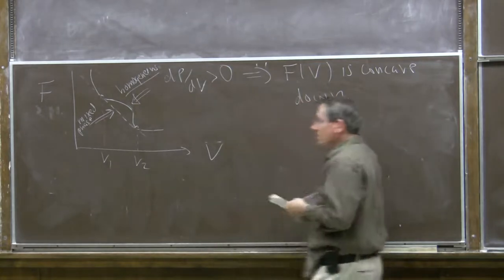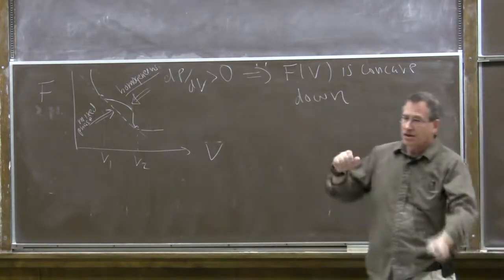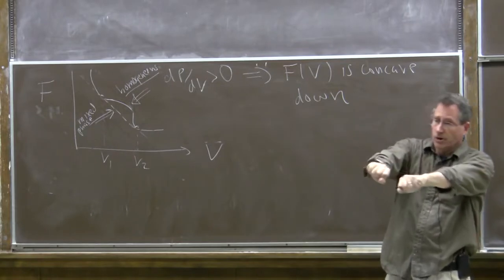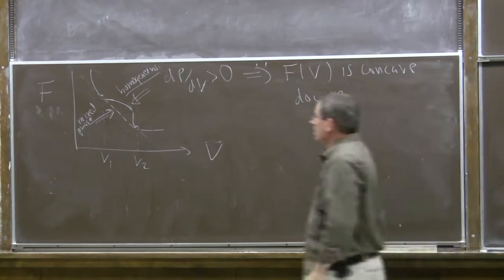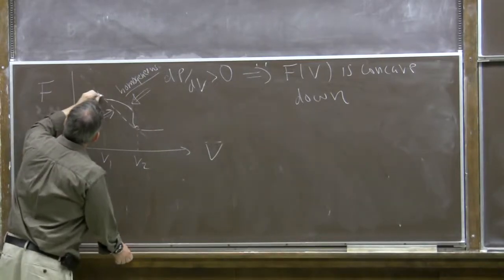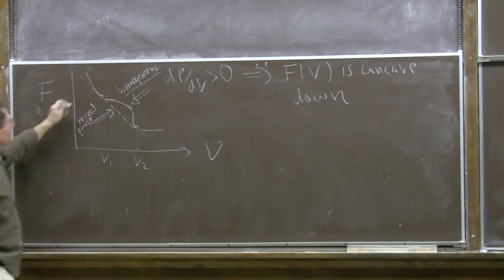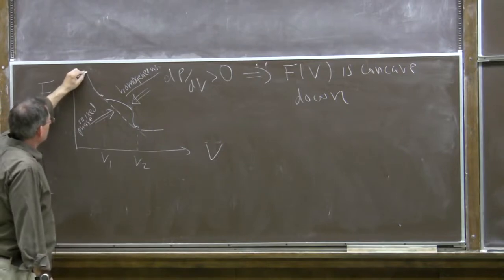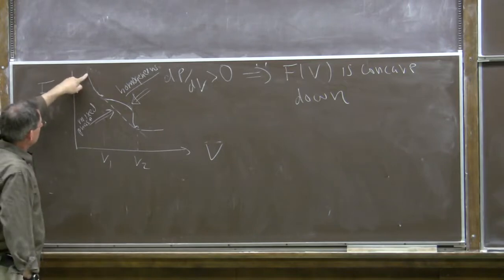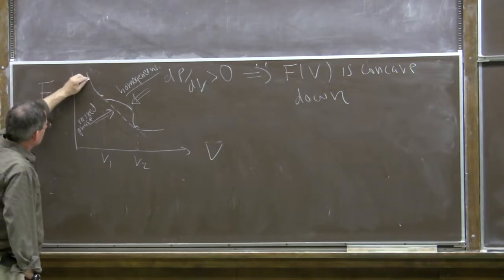I mean, it's not separated into two different phases in coexistence with one another. It's like all liquid or all gas. So if we consider reducing the volume, we want to go to the minimal free energy. So here we want to follow the homogeneous curve.